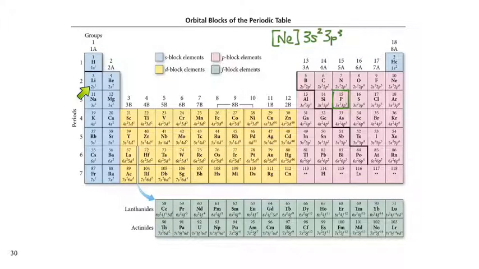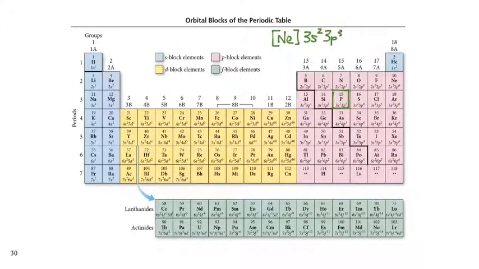So 1s2, 2s2, this is 2p, it's period 2, 2p6, 3s2, 3p up to 6, and now here, this is the S block, 4s2. What happened to the 3d?